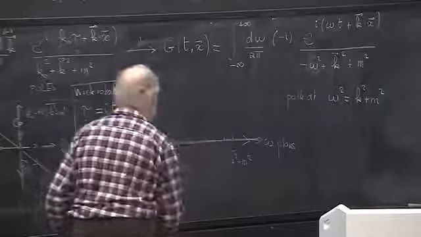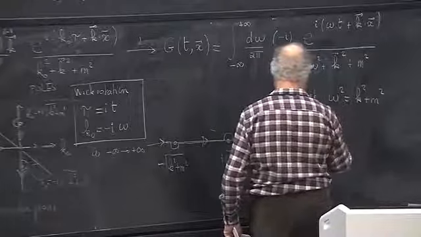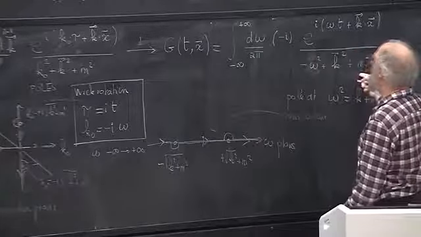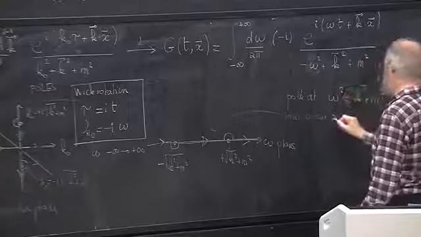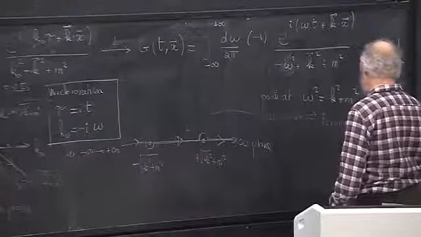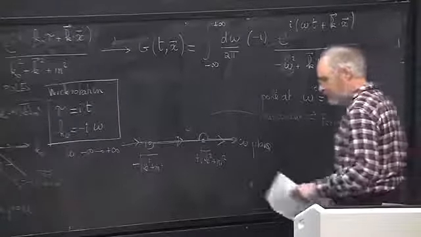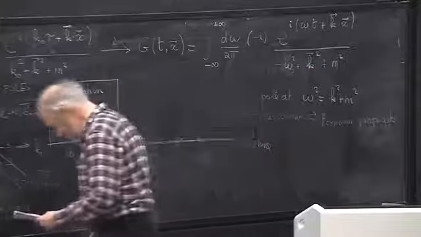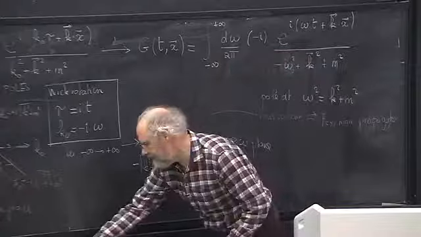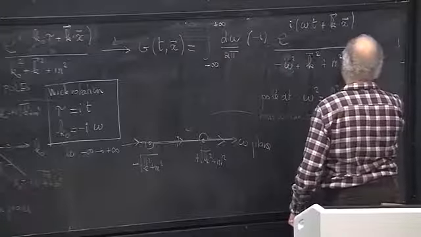Okay. So this contour corresponds to the Feynman propagator. So it corresponds to adding here a prescription, minus i epsilon plus.